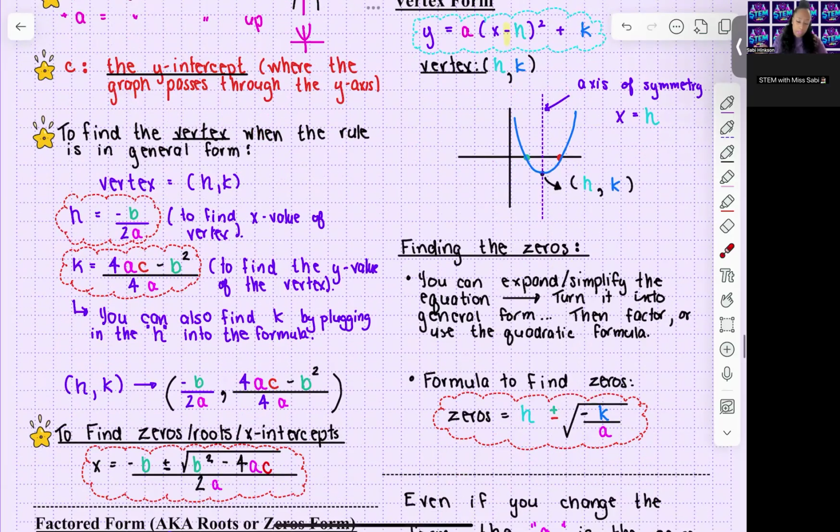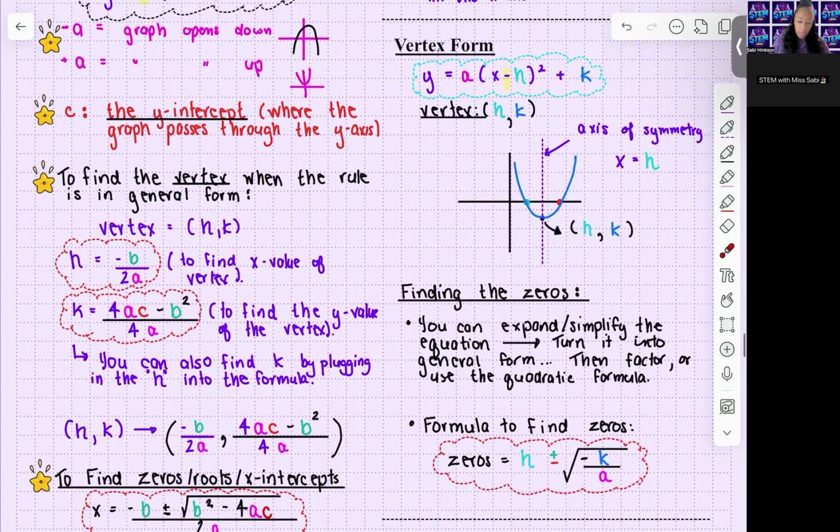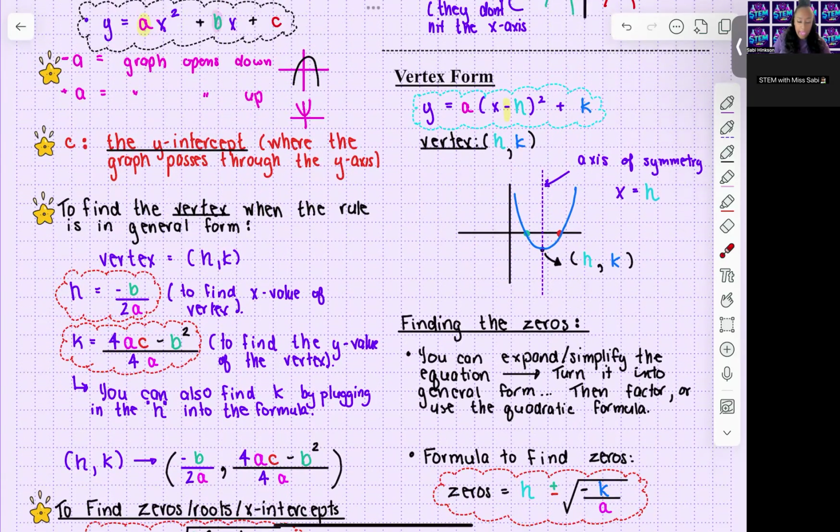But you have some formulas. So when you have your general form, ax squared plus bx plus c, right? These are your little things that can change. You can use these to find your vertex. So you find your h, which is the x value of your vertex.